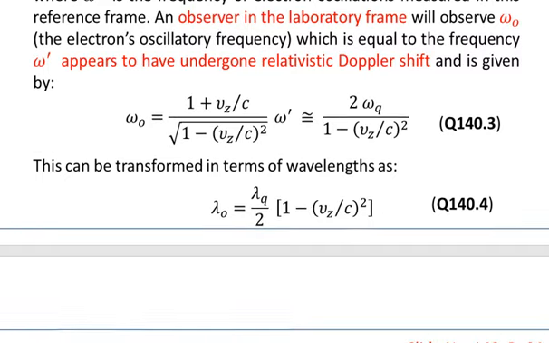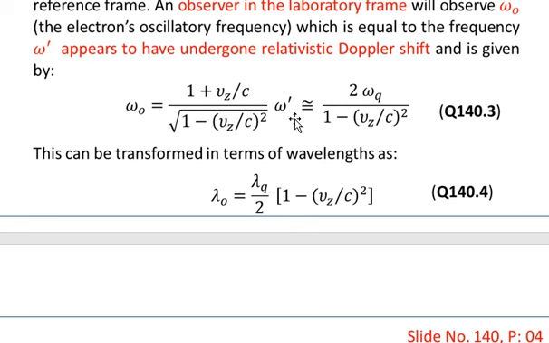You can also write equation number 3 in terms of the wavelengths. Omega naught can be written as 2 pi nu or 2 pi c over lambda naught, and omega q can be written as 2 pi c over lambda q.